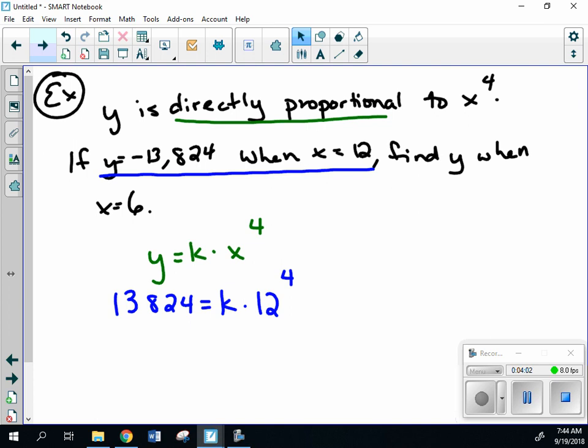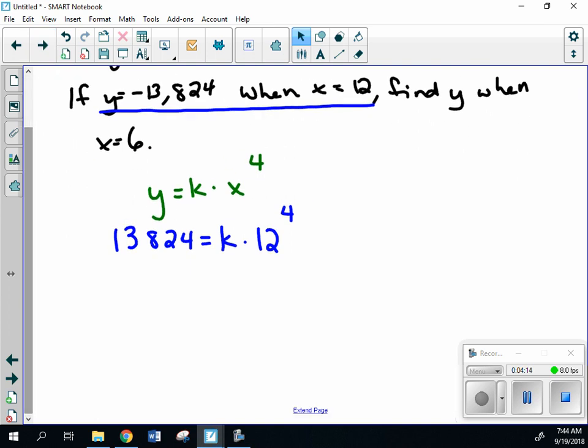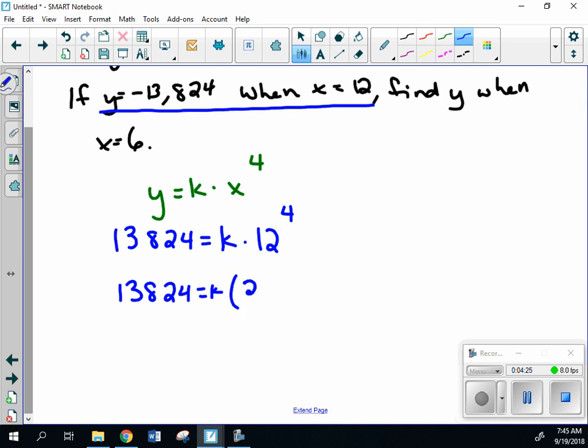So now based on this, this is just like any old algebra problem in which you need to solve for k. Now, I'm going to go ahead and simplify this and get my 12 to the power of 4 going. So we have 13,824 equals k times 20,736.